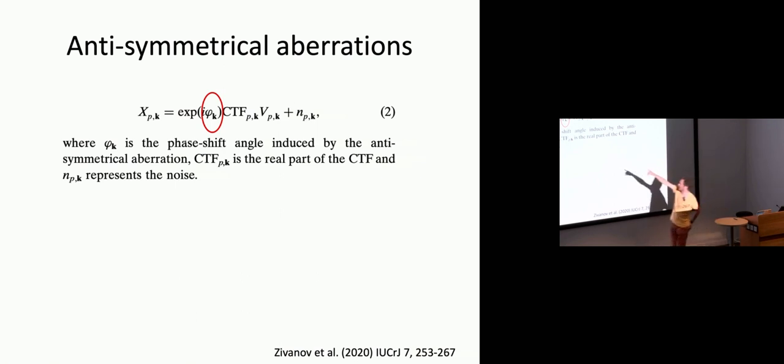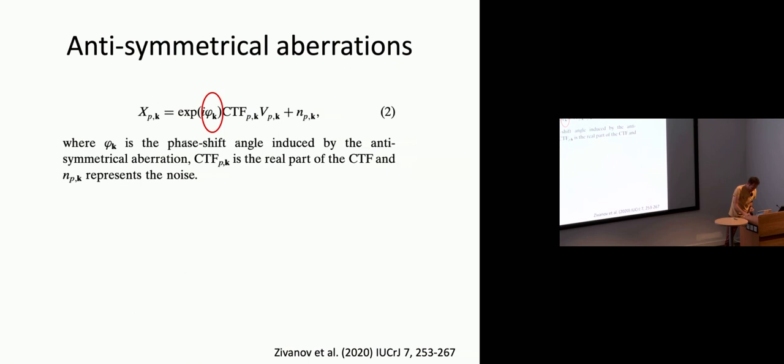If the experimental image X is a projection of the volume V in some direction for that particle P, then it's being multiplied with the CTF, and the real value of the CTF is denoted there as CTF_P, everything as a function of resolution or Fourier pixel K. Then if you have a tilted beam, for example, as Richard describes, you also get phase shifts in the images. So in RELION, we now have a two-dimensional image that describes the phase shift for each Fourier pixel in the images, and that's this image phi_k.